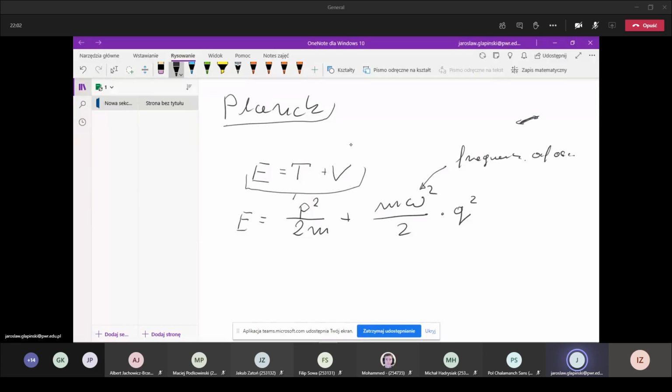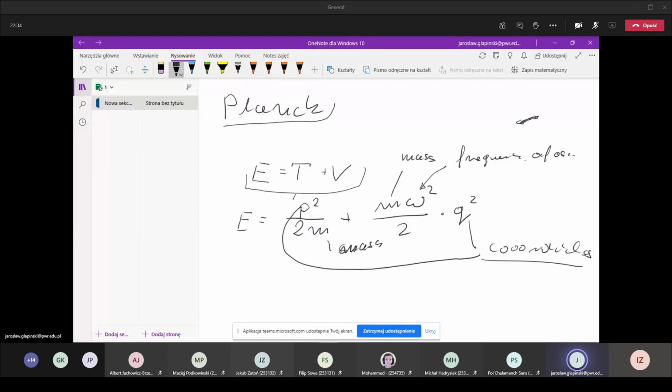This is of course the mass of the atom, because we've got different energies for different substances. And p and q are the coordinates, so this is where exactly the atom is.